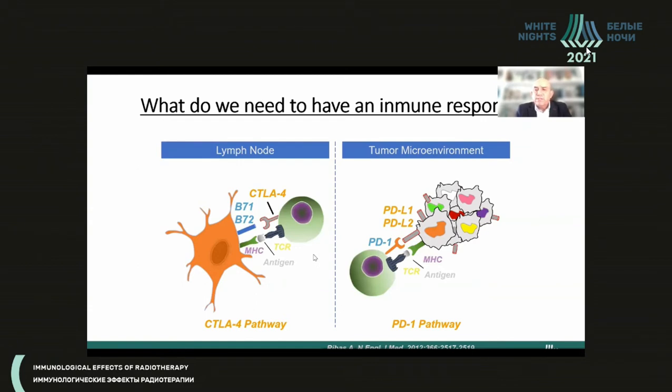The immune response is a little bit more complicated, and we need also lymph nodes and a tumor microenvironment where different pathways in the immune response can be expressed, activated or inhibited, such as PD-L1 or CTLA-4, and these pathways regulate the interaction between the tumor cells, the antigens, and the T cells.